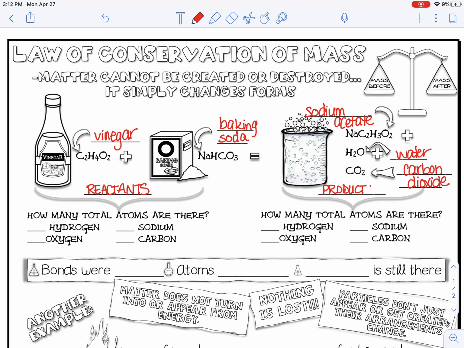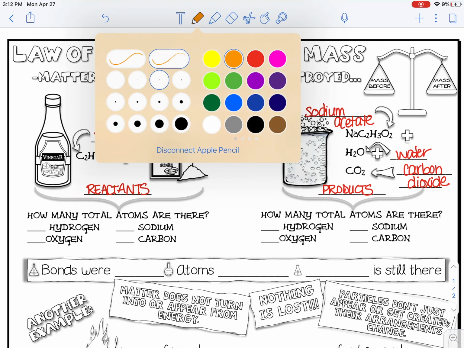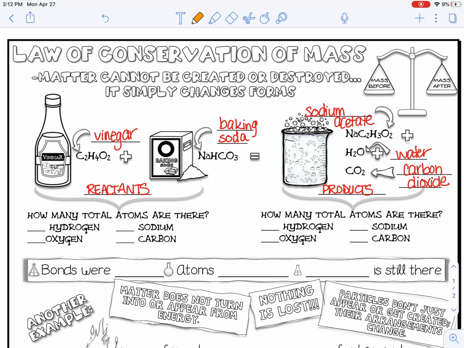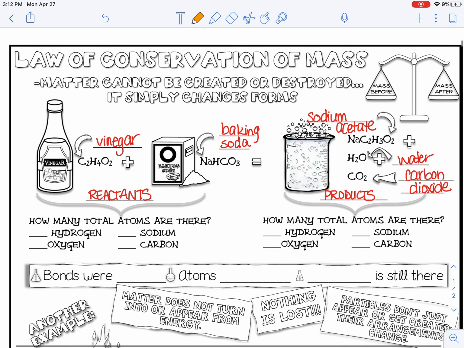So when I'm talking specifically about the law of conservation of mass with chemical reactions, it means that whatever I have to start with has to be the same as what I end up with. So let's count up my atoms here. I have hydrogen. I have 4 atoms here and 1 here, so I have 5 hydrogen atoms.